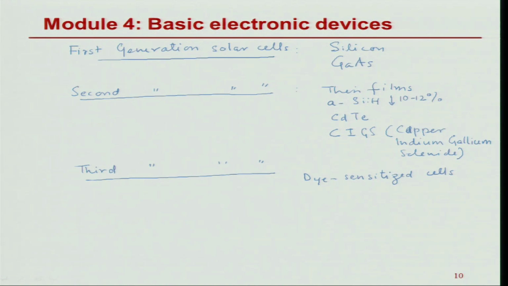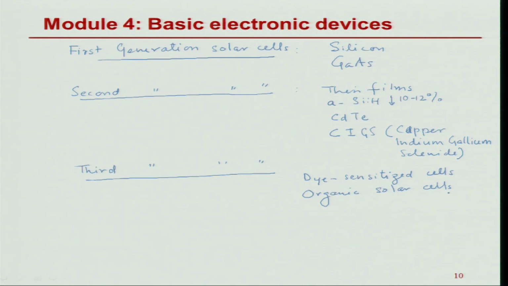But in the third generation, even the mechanisms become very different. It was no more p-n junction dependent, because the type of material and absorption was very different. So dye sensitized cells and organic solar cells depend on the discontinuity of the materials to create the photovoltaic action. These constitute the third generation solar cells.